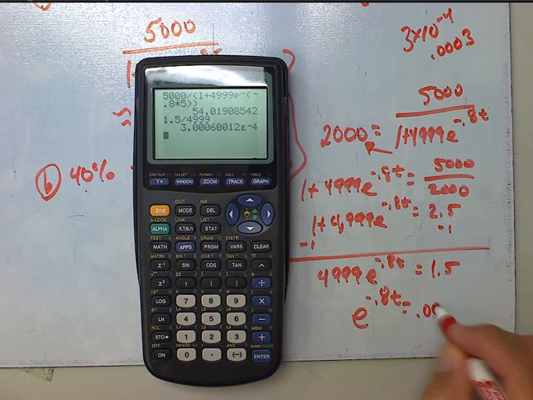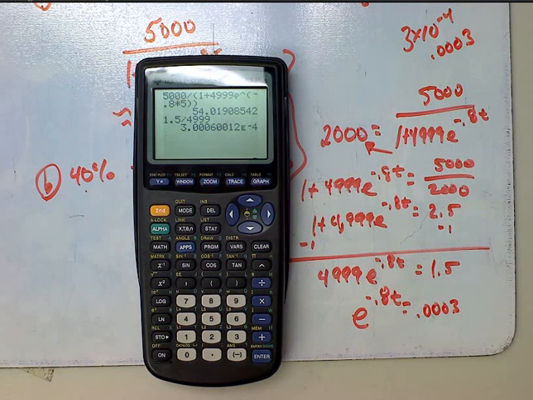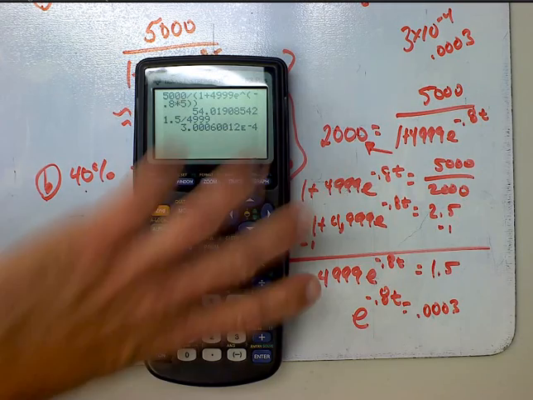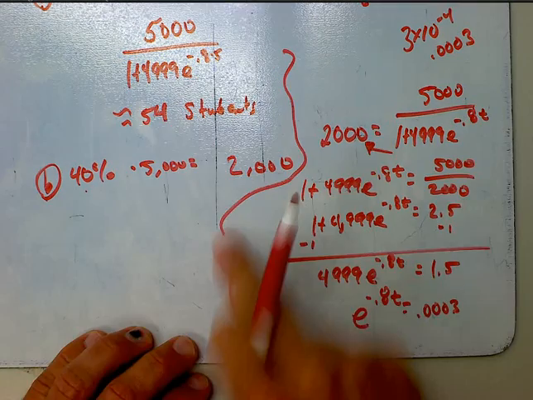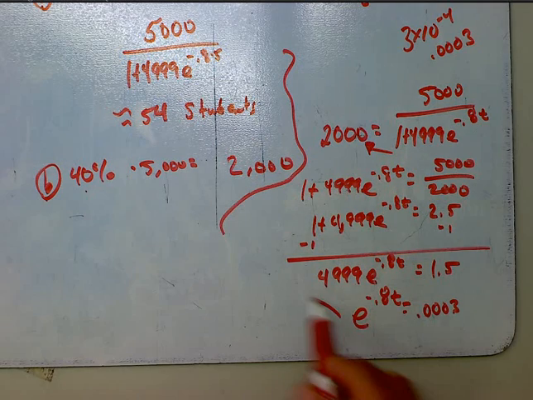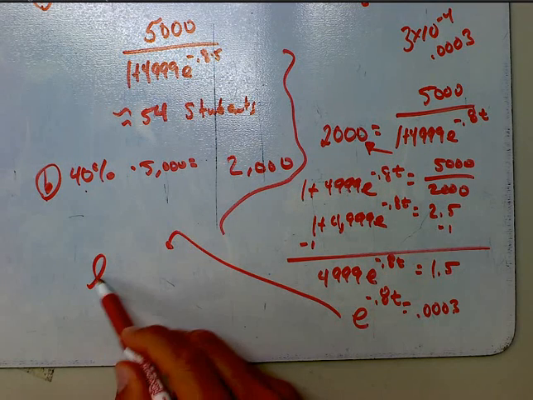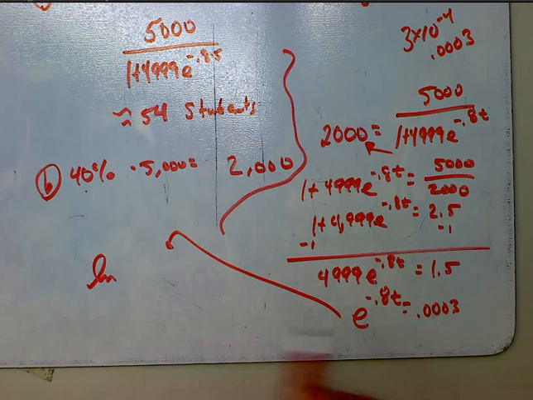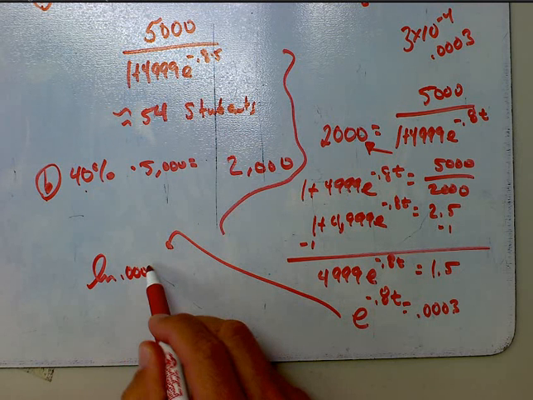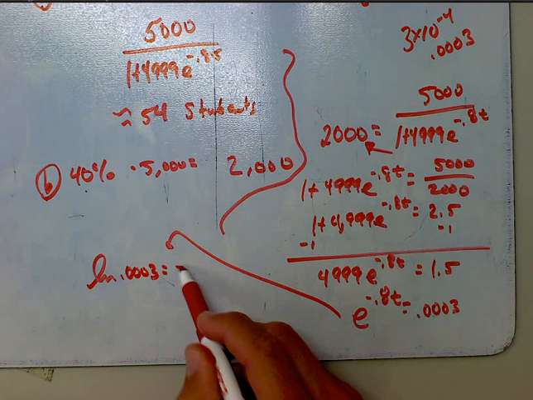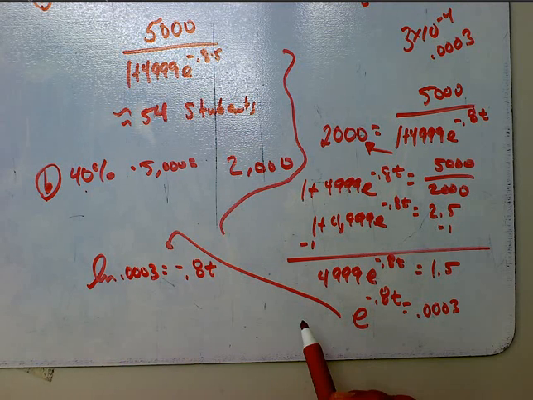Okay. Since I have an exponent equation, I'll need to change that to a logarithm equation. So I'm going to come out here to the side now and say it's the natural log with base e of 0.0003 equals negative 0.8 t, and divide both sides by negative 0.8.